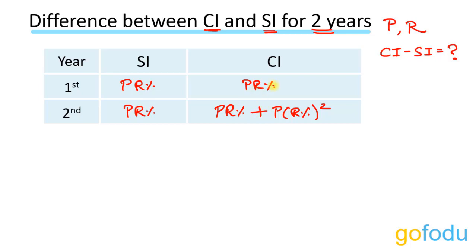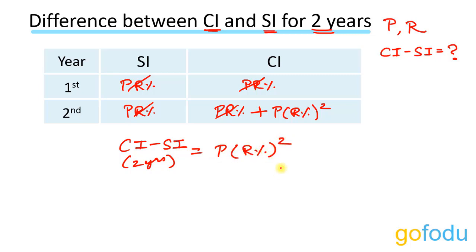So this PR percent will get cancelled by this PR percent, this PR percent will get cancelled by this PR percent, and we will be left with PR percent whole square. You can remember this as a direct formula. If I put R percent as R upon 100, this will be PR square upon 100 square.